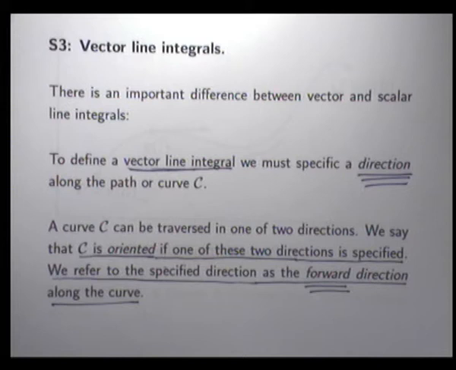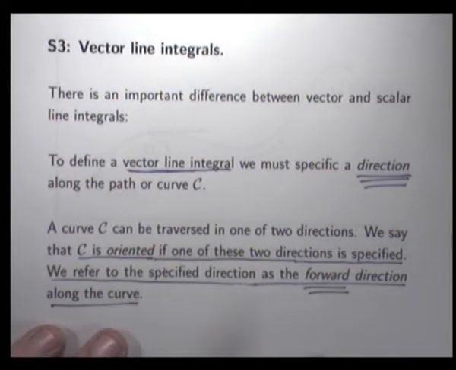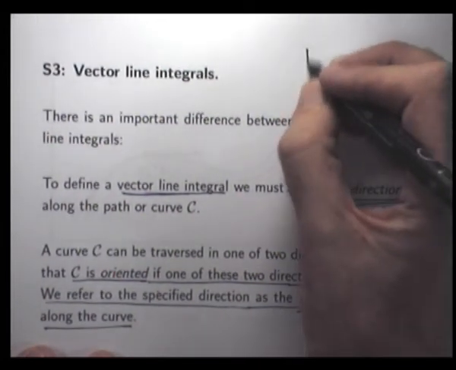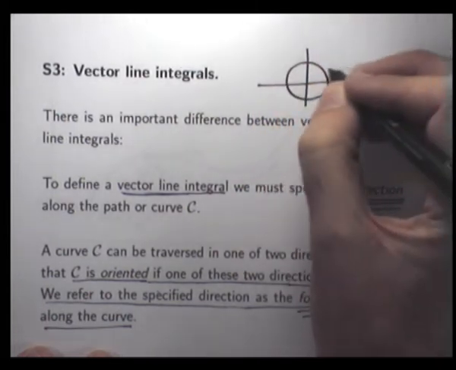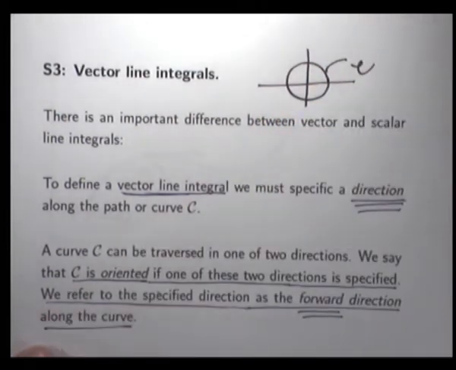Okay, so for example, you might have a unit circle. That's your curve, curly C. The question is, how is it oriented?